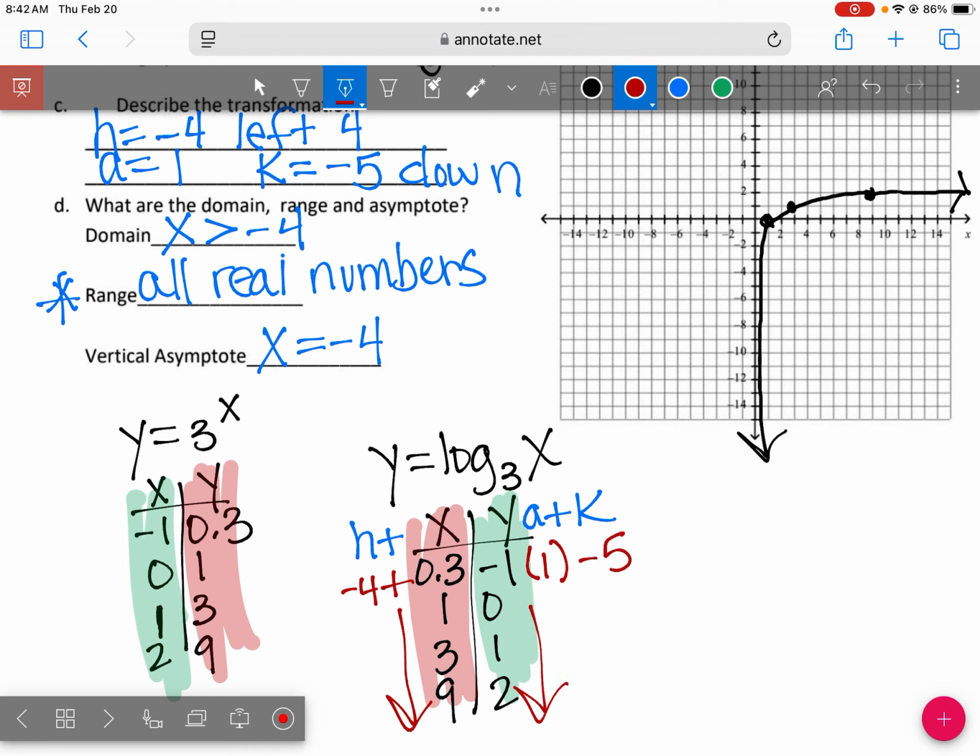Now, I like to draw in the wall. So I'm going to draw in my little dashed x equals -4. Actually, I'm going to do it in yellow.